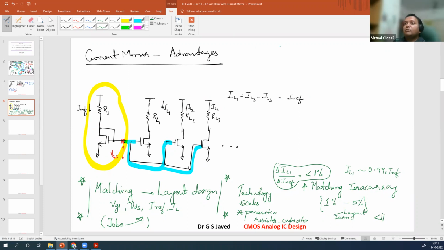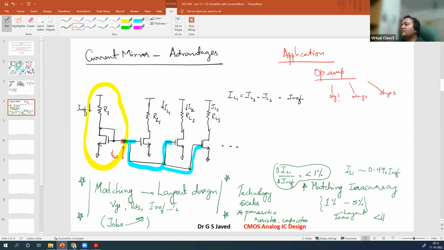Now, what are the practical applications of these? Where would you use them? Where would you apply? That is important. See, an application of current sources would be if you're designing an operational amplifier and the op amp has multiple stages: stage 1, stage 2, stage 3.